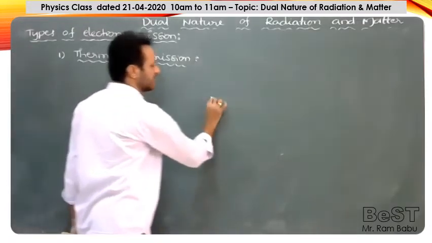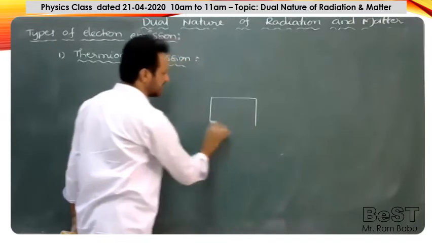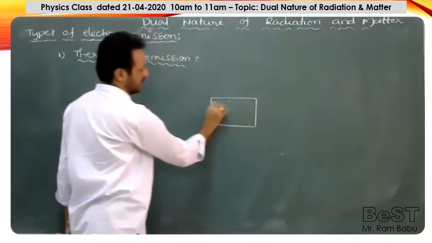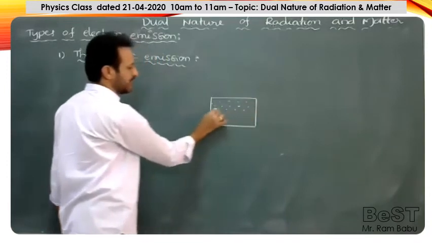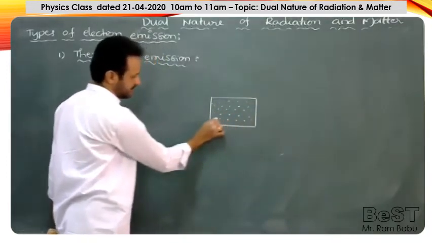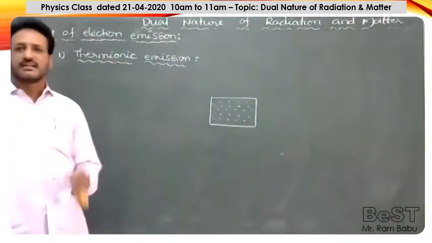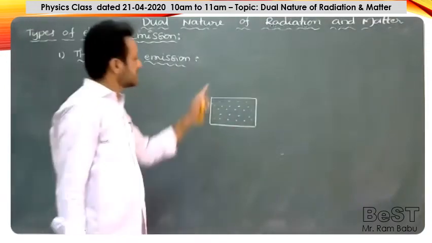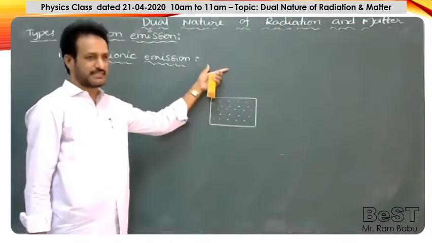Any metal contains a large number of free electrons, but no electron leaves the metal surface. Why? Because of the work function. Every electron requires some energy to come outside from the surface of the metal.